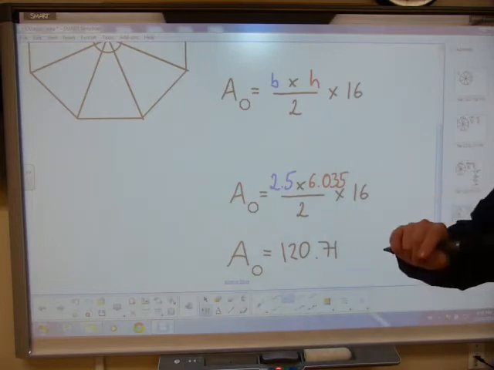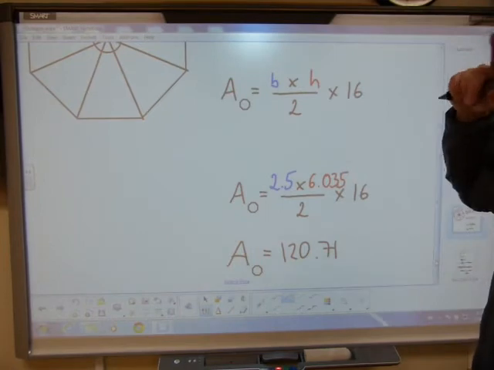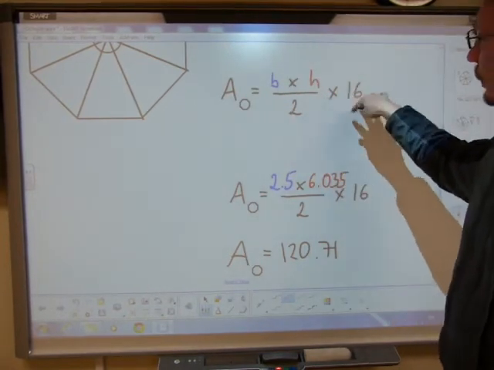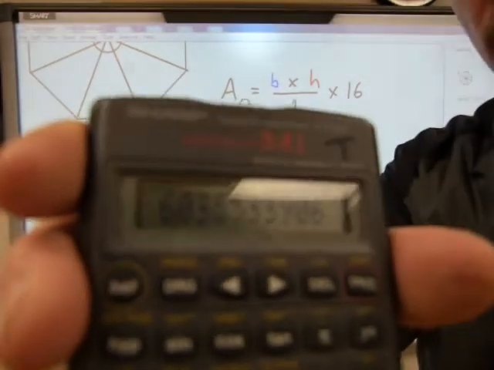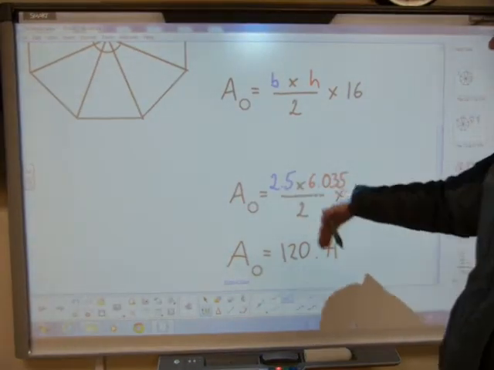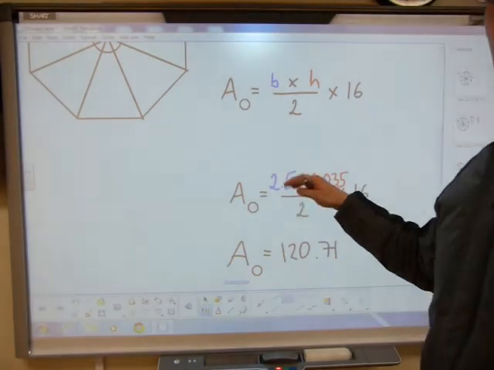To get the area of the octagon, we have to plug in the individual sides of the triangle and multiply it by 16 because we have 16 of them. So I left the height of the triangle on the display intentionally. To get the area of the whole octagon, you need to multiply the height by the base again.